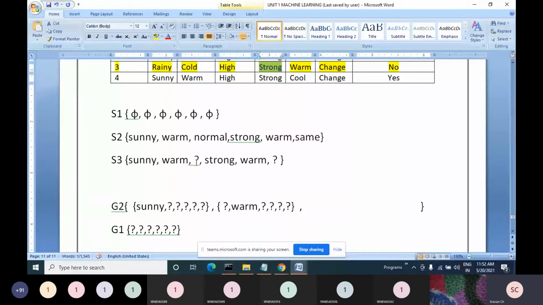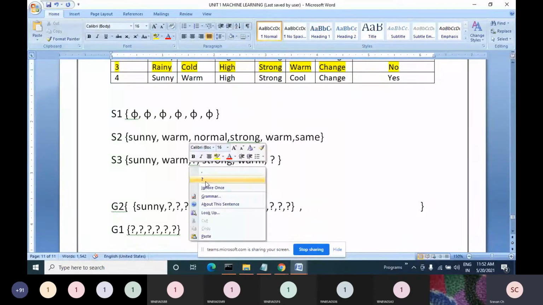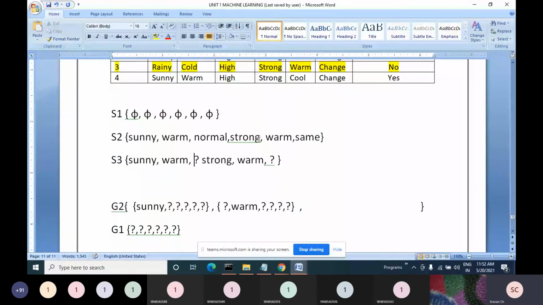So when you find a question mark in the most specific hypothesis, you need not do anything. See the fourth parameter, strong and strong. There is a match. So don't do anything. Leave it. Fifth parameter, warm. Right? So what should I do? Both are same. Leave it.